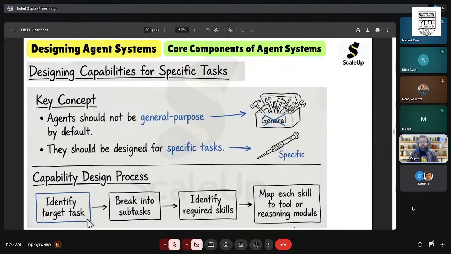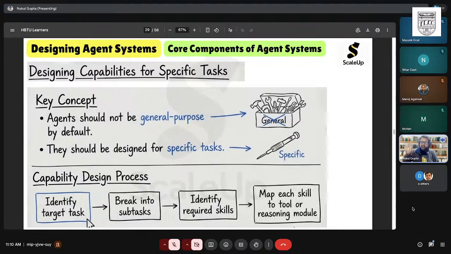Okay, so designing capabilities for specific tasks. It is very clear to us that agents should not be general purpose by default. A large language model is general purpose: whatever you ask, it will give you the correct answer. But agents cannot be general purpose because agents are goal driven.